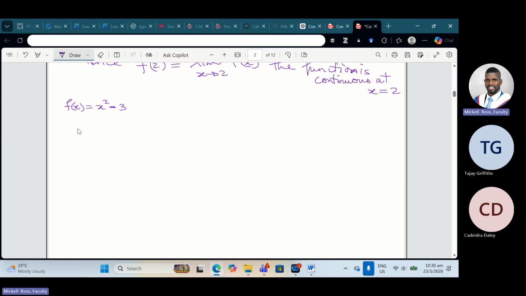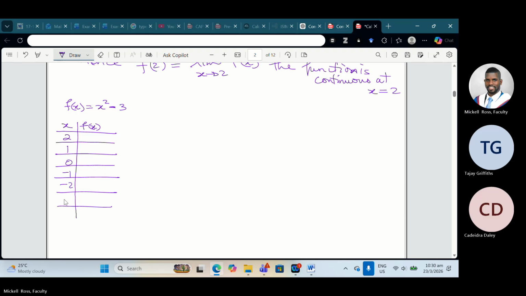So what we can do is choose some values for x for this function, just a few. So x, and what we will get over here is our f of x value. We're going to start with x is equal to 2 and values that are less than 2. When x is 2, 2 squared is 4 minus 3, that's going to give us 1.